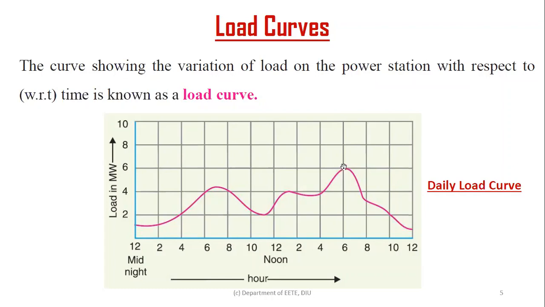So the minimum capacity of that power station should be at least 6 megawatt, because if it is less than 6, at 6 p.m. in the evening it cannot supply power to all consumers. So there would be some load shedding, some people who will not get power at that time. So the minimum capacity should be 6.